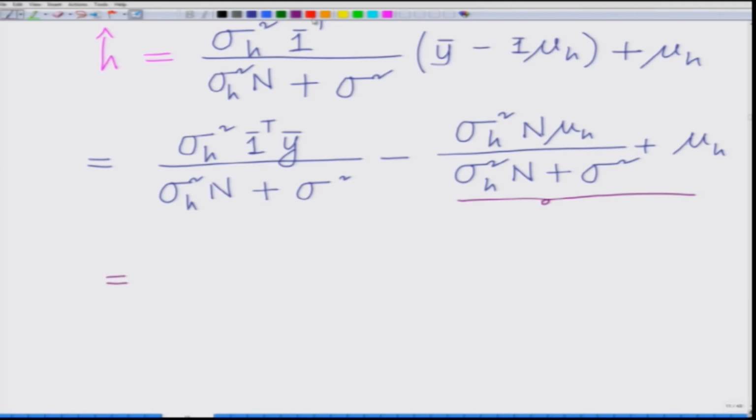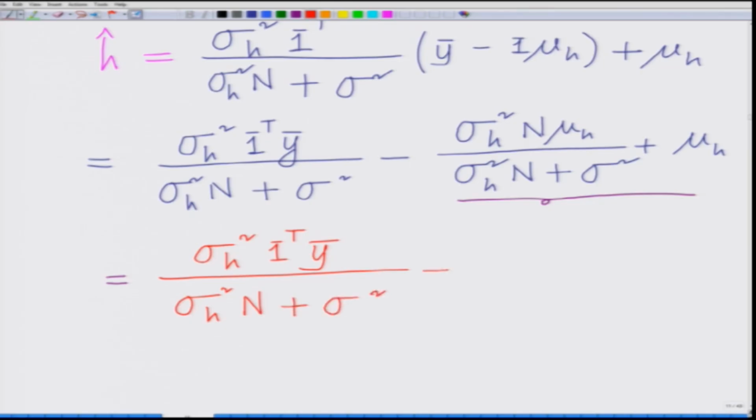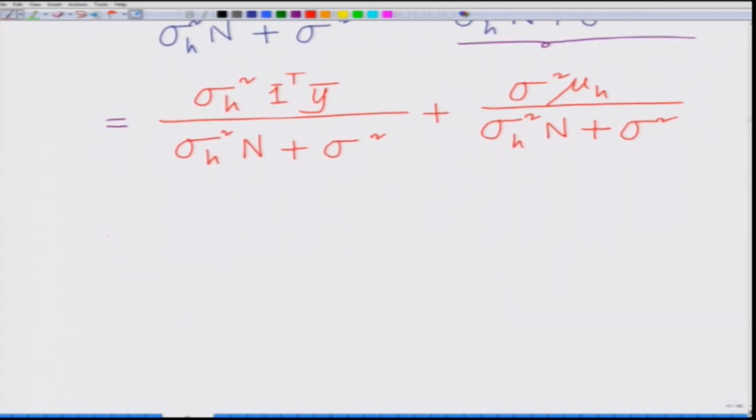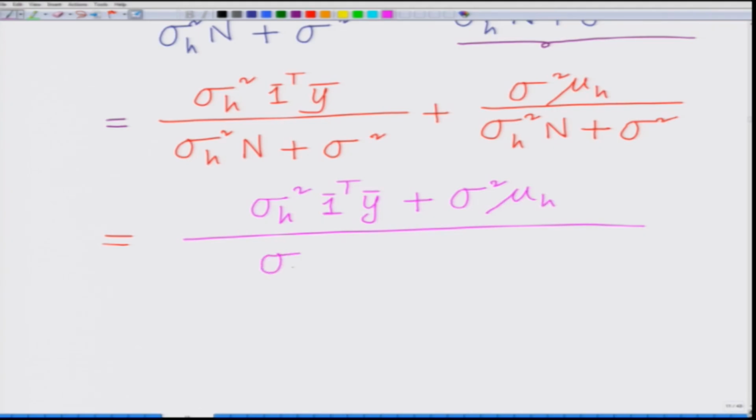So, what I will get if I simplify this is basically sigma h square 1 bar transpose y bar divided by sigma h square n plus sigma square plus sigma square mu h divided by sigma h square n plus sigma square, which is equal to sigma h square 1 bar transpose y bar plus sigma square mu h divided by sigma h square n plus sigma square.